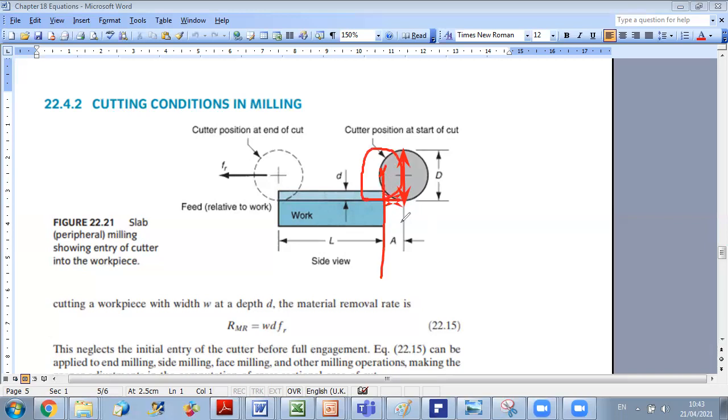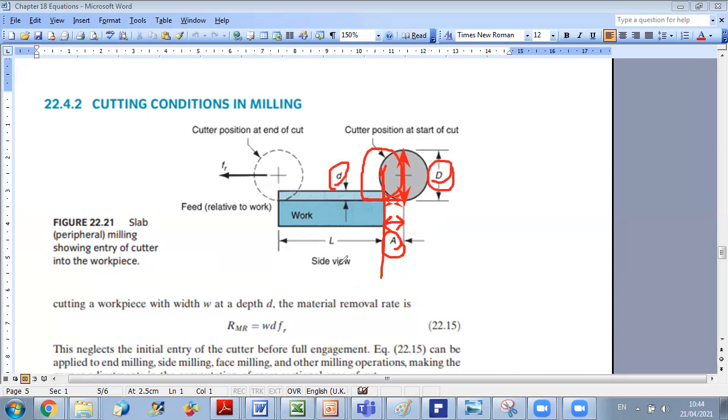This is why you should move your cutter a certain distance into your work part in order to be ready to start the operation. This is the approach distance A. As you can see, A is geometrically related to the diameter of the cutter and the depth of the cut by the relation given.